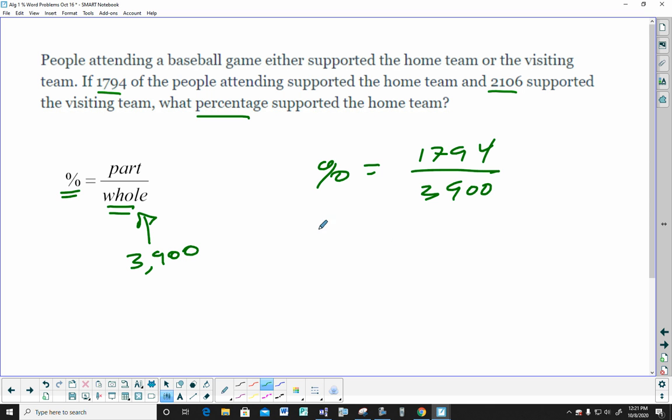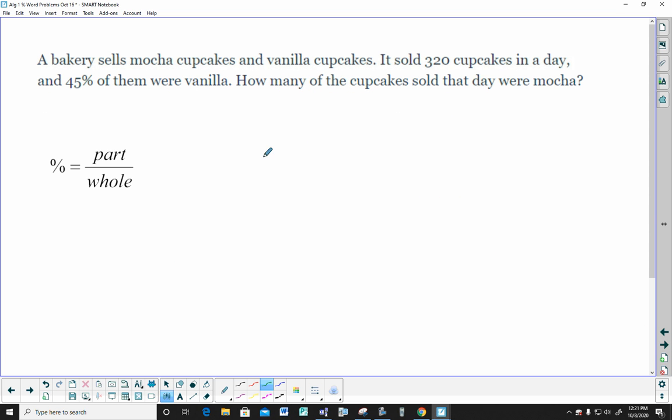And I get 0.46, so remember you have to translate that, so 46%. Okay? All right? So there were more people supporting the visiting team than there were the home team. So the home team's a smaller percentage, or less than 50%, sorry.